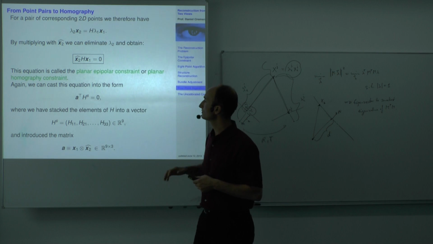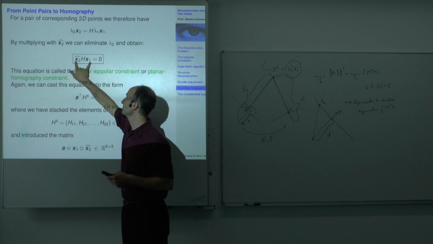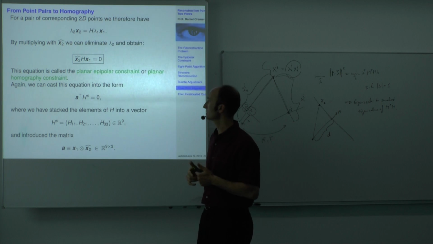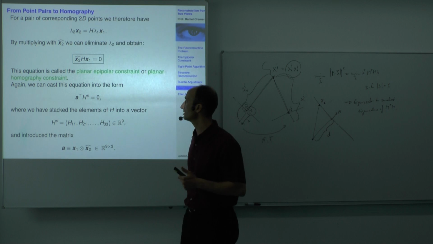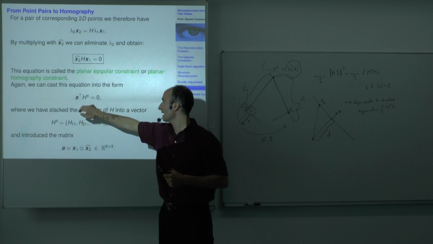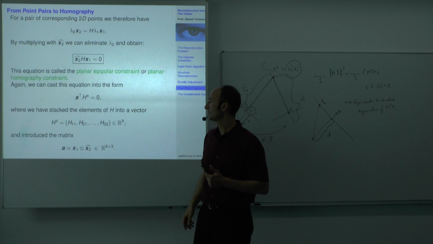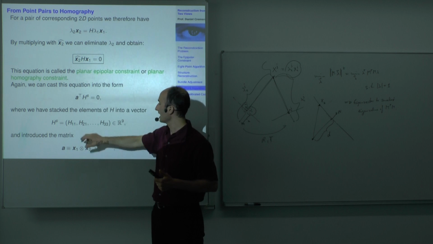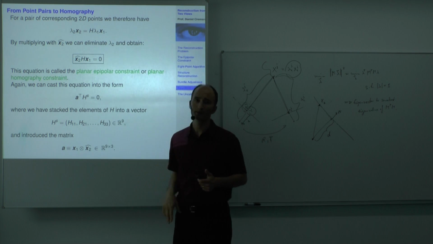And what did we do? We stack the vectors, so we separate the known 2D coordinates from the unknown camera transformation, or this homography matrix. We stack the 3x3 homography matrix in a 9-dimensional vector. Here it is, h11 to h33. And then we do the Kronecker product of x1 with x2 hat. And then we have this expression.